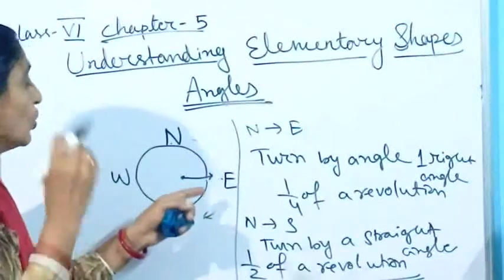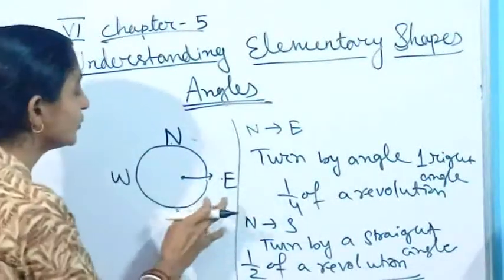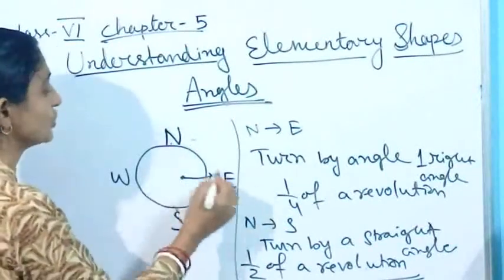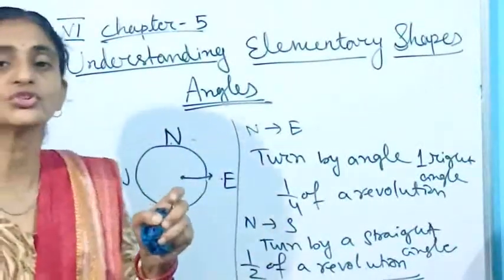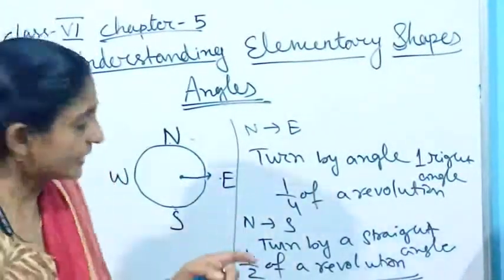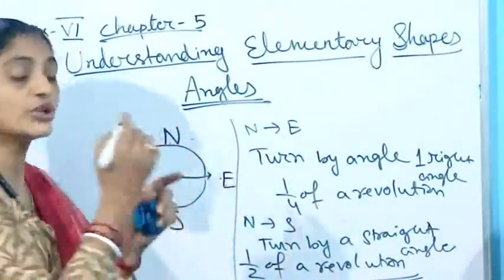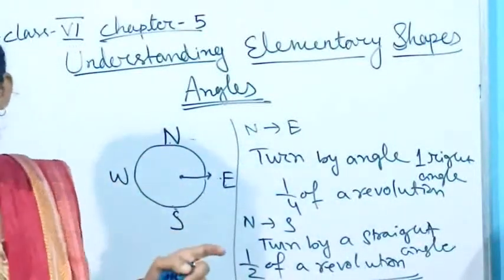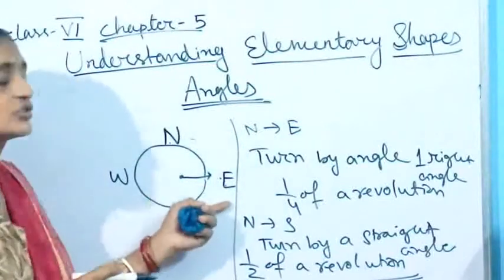So after finishing your revolution, which direction will you face? If you started from east, you will definitely face towards the east. After completing one revolution, you will again face towards the east.